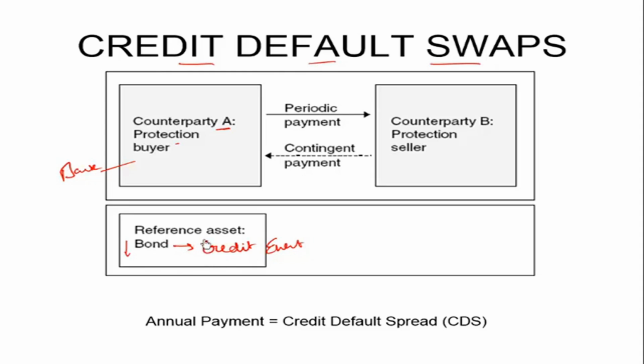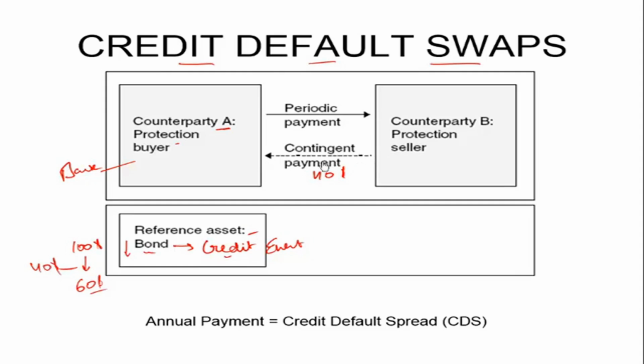So if the company goes bankrupt, or for whatever reason the value of this bond goes down because of a credit event, then whatever is the loss in value, let's assume $100 was the value to begin with, and the value becomes $60, so $40 is the loss. Generally, this $40 would be made good by the protection seller to the protection buyer if the reference asset defaults.